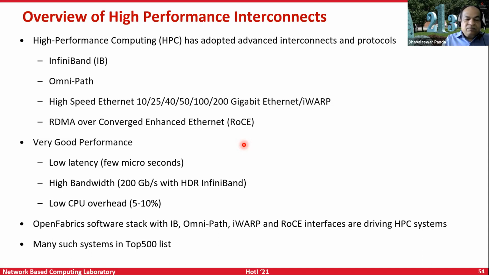A lot of these modern networks provide offload, which means they have intelligence in the adapter, so communication protocols have very low CPU overhead, 5 to 10%. Software stacks like OpenFabrics, LibFabrics, and UCX are also available.